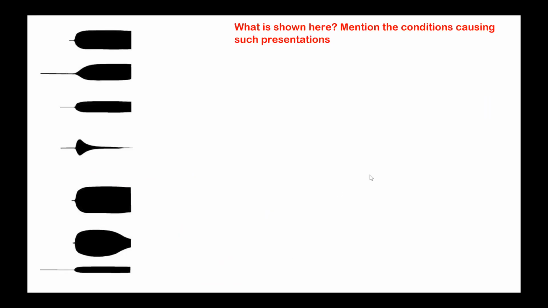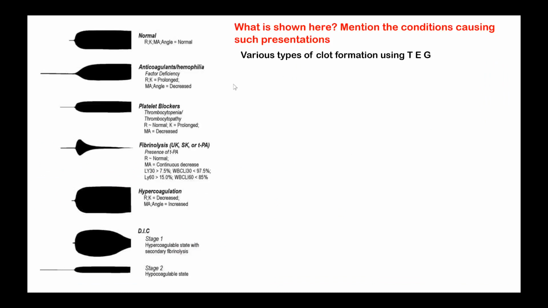What is shown in here? Mention the conditions causing such thromboelastogram traces. Very good. So these are various types of clot formation on thromboelastogram and the conditions. This is normal. This is excess of anticoagulation or hemophilia, because the onset time is very much prolonged, and platelet blockers have been given in this.